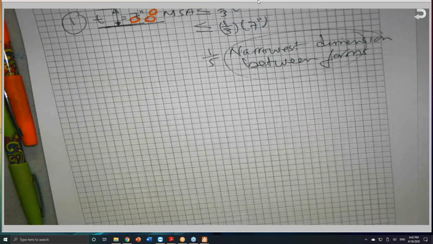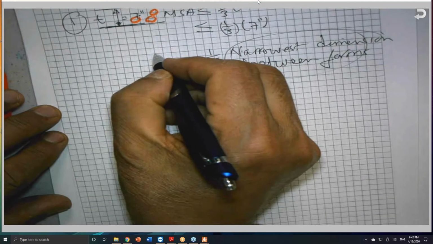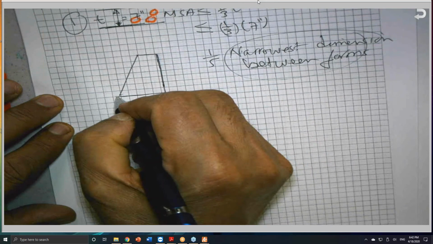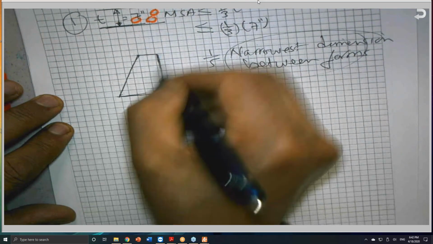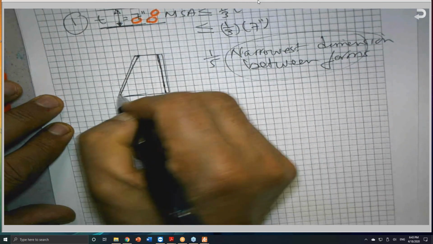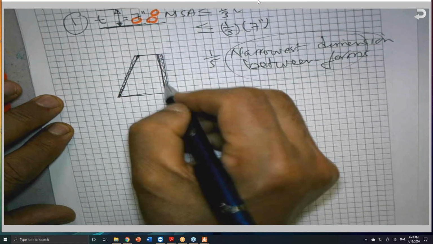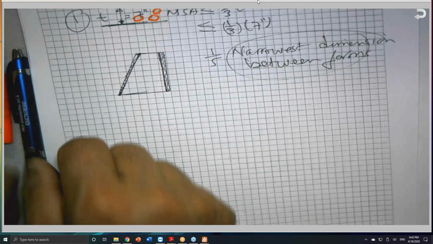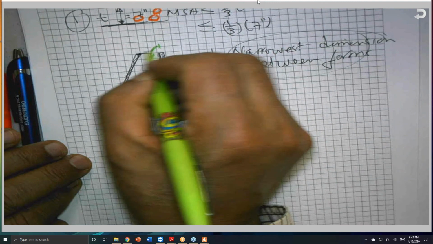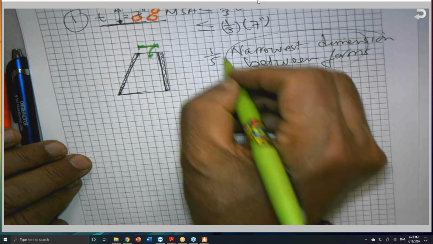So if you have a retaining wall, you are building this retaining wall and you put the forms, and the concrete will be here. This is the narrowest dimension between forms. So we take 1/5.